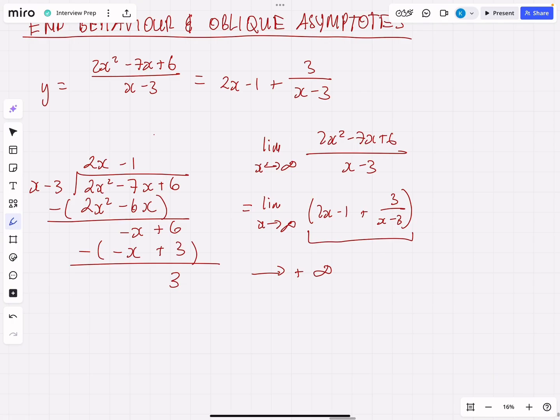Well, because we know that x minus 3 is going to tend to positive infinity as x tends to positive infinity. So 3 over x minus 3 will tend to 0. The contribution of the minus 1 compared to the 2x as x tends to positive infinity is negligible. And so we'll just have 2 essentially multiplied by positive infinity, colloquially. And so this will tend to positive infinity.